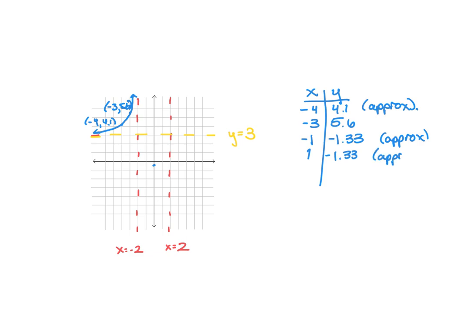This is also an approximation. All right, if we go ahead and plot these, we have negative 1 and negative 1.33. And same thing on the other side. And so what we get for this piece is going to be something like this.